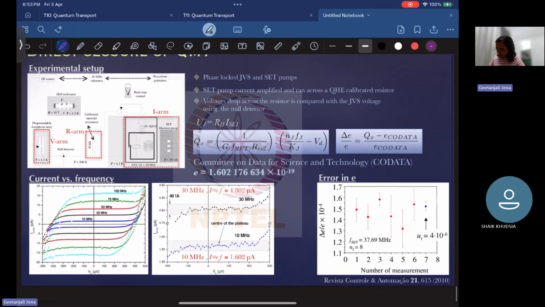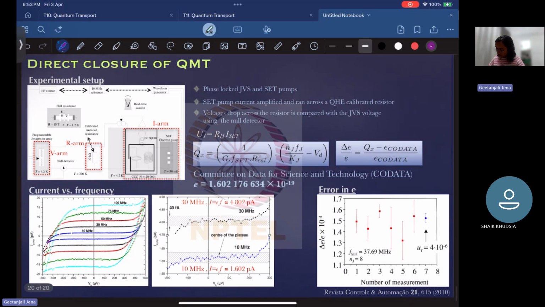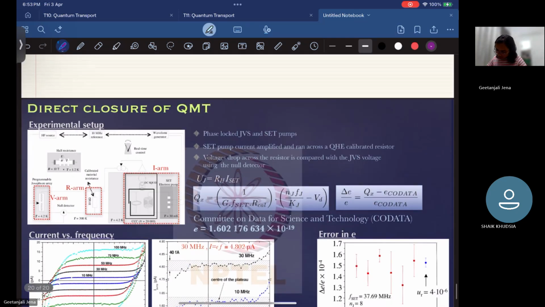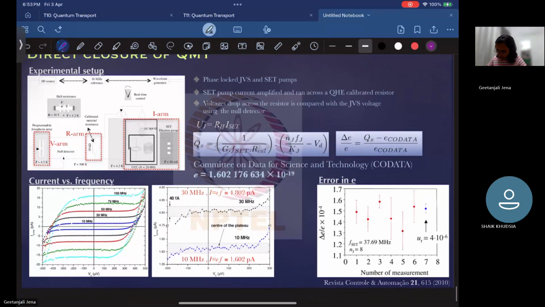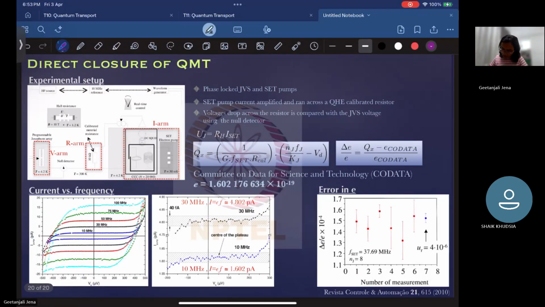So if you look at this delta E over E, the errors are quite small. Yes, delta E by E, you can see that they are on the order of 10 to the minus 4.